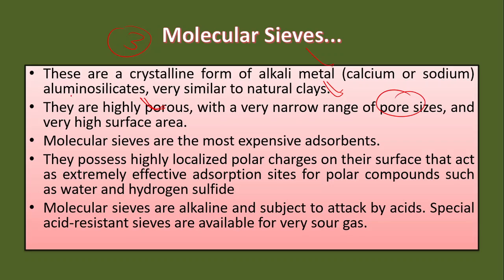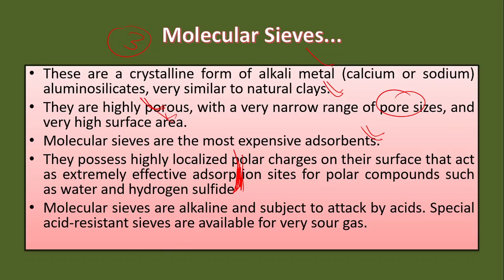Molecular sieves are the most expensive adsorbents compared to the others. They possess highly localized polar charges on their surfaces that act as extremely effective adsorption sites for polar compounds such as water and hydrogen sulfide. That is the basic mechanism by which molecular sieves adsorb water, hydrogen sulfide, and some other polar compounds available in the natural gas.